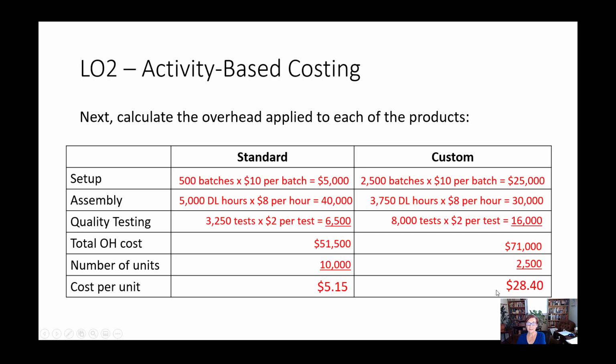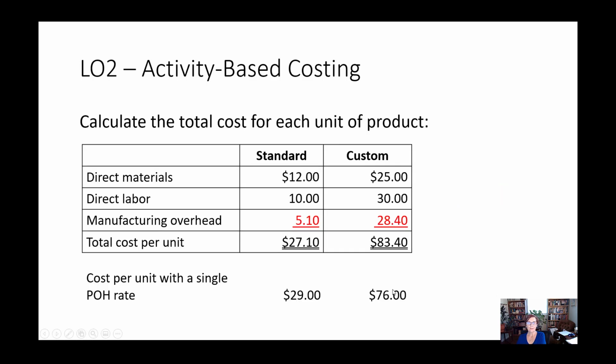So we're going to take these overhead costs now, and we're going to add them to direct materials and direct labor to get our total cost per unit. And it's going to be a little different than before because remember, we're using a different allocation base. So take the 5.15 and the 28.40, and those go forward. Here they are here.